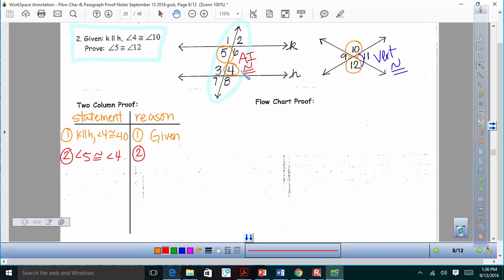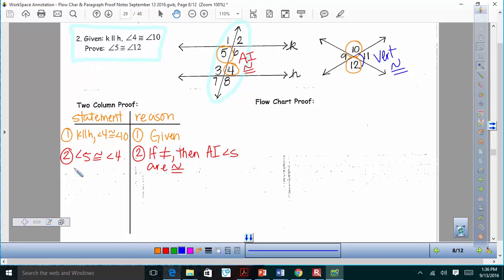If 2 parallel lines are cut by a transversal, and then alternate interior angles, yes, are congruent. Perfect.